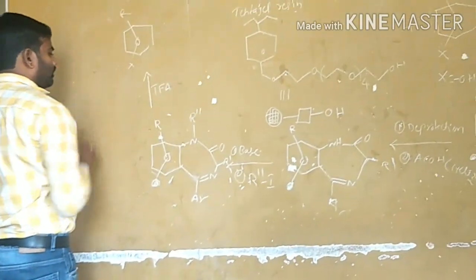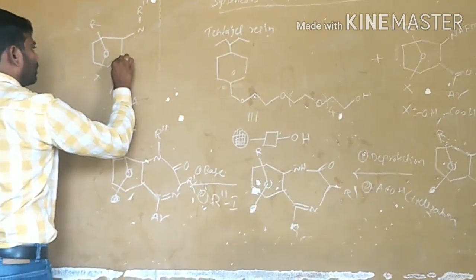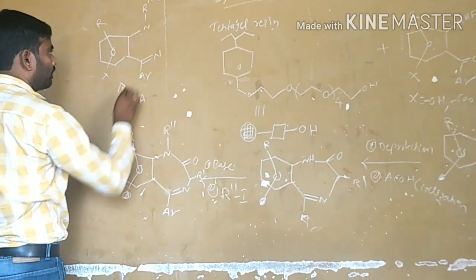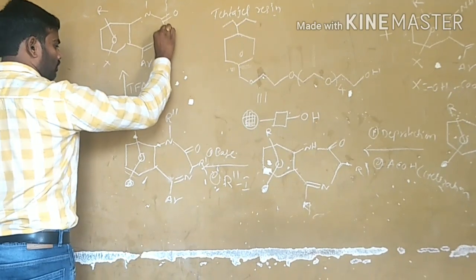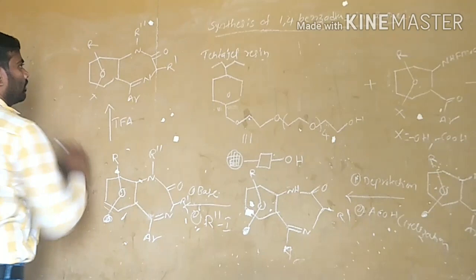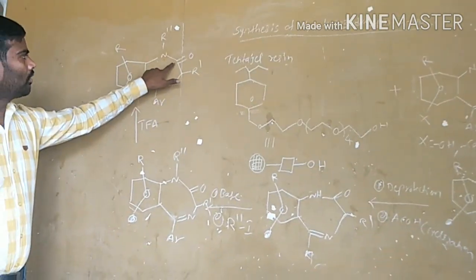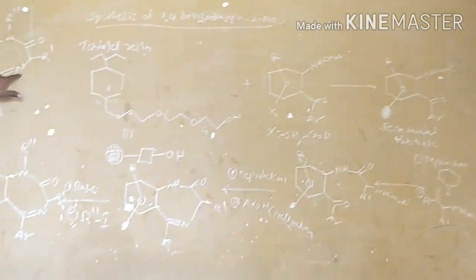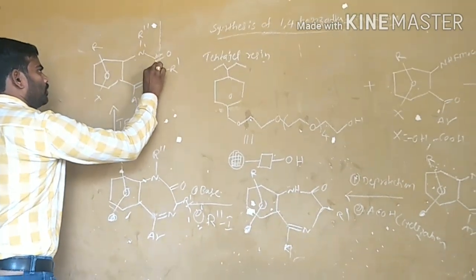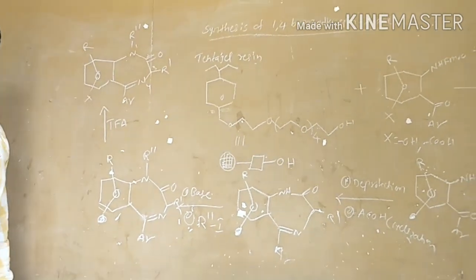Or X, N R double dash, Ar, double bond N, CO, this is R. With respect to this 1, 2, 3, 4 numbering, this is 1,4-benzodiazepin-2-one.